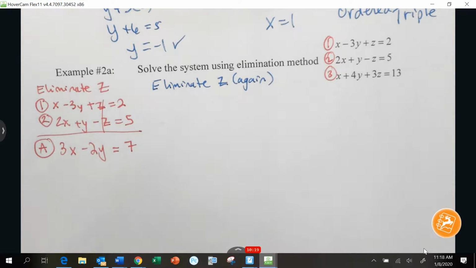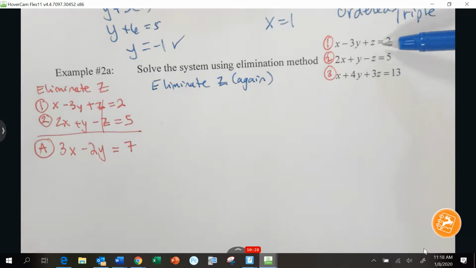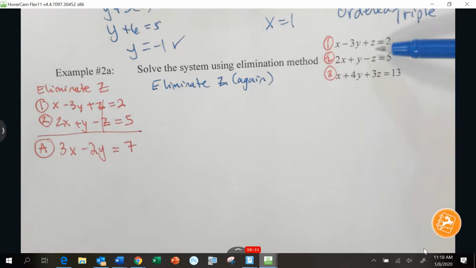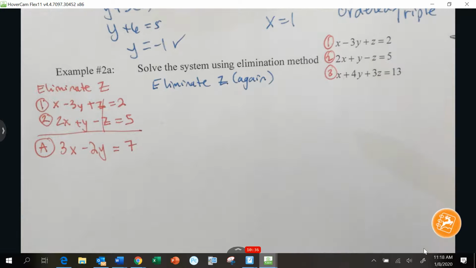Eliminate z again. And I'm going to go with somebody else's opinion because there is not a wrong answer. Should we do eliminating z in equation 1 and 3? Or should we use equations 2 and 3 to try to eliminate z? There's not a wrong answer. I was just going to say why 1 and 3.